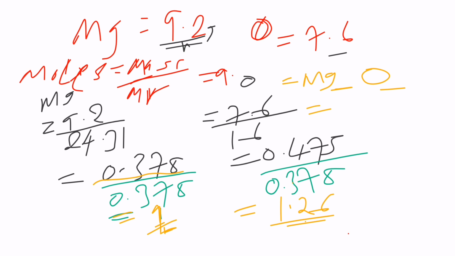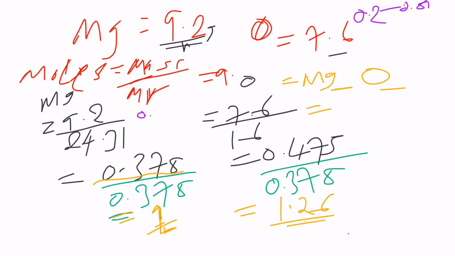Because I explained we don't round off numbers between 0.2 and 0.8. Here it's 1.26, which is in between, so we don't round off.